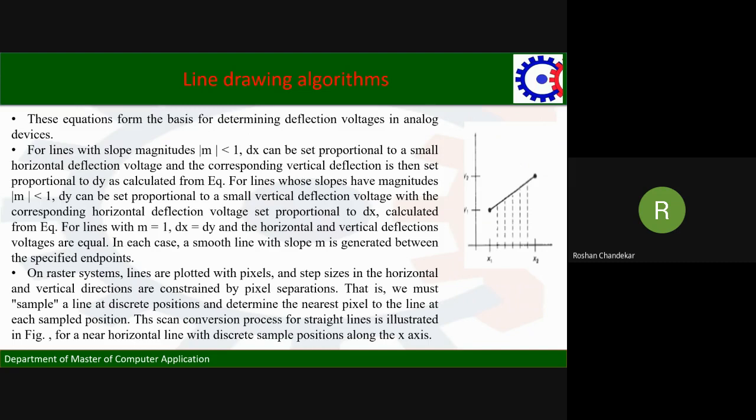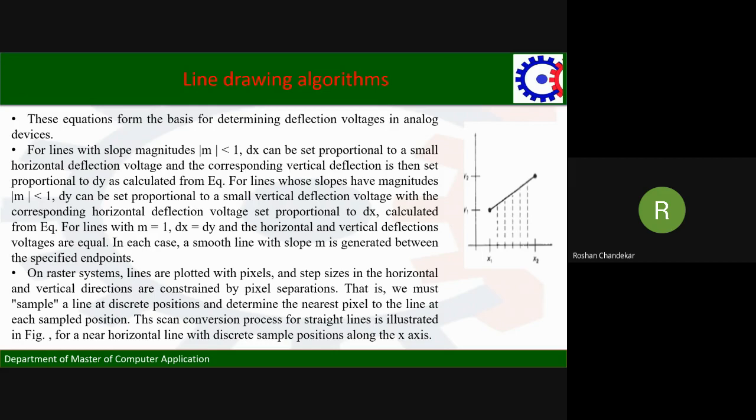So let us discuss how we can generate our next pixel to draw a line with slope magnitude, that is m, less than 1. Why is it represented as a magnitude? Because we take the actual value of our m, which is called the magnitude value, which is less than 1.